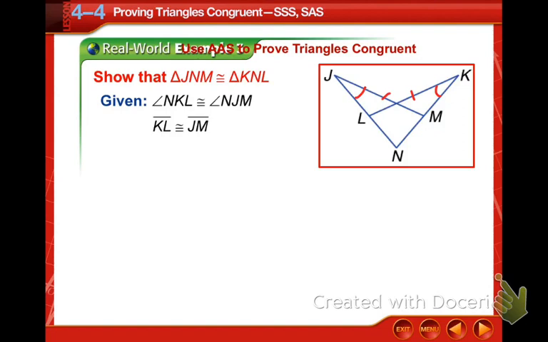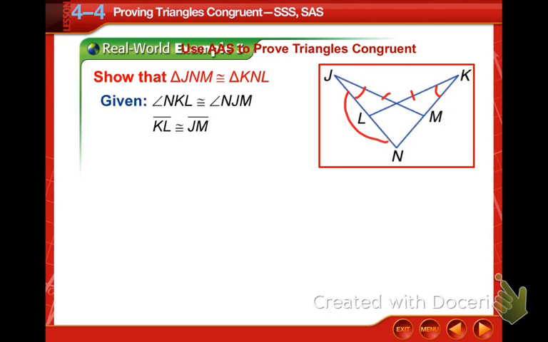So we have angle side, and we need the angle to the left, or, I guess, a counterclockwise rotation for triangle JNM. So that means it's got to be this angle here. And if you notice, it's also being used by this triangle here.